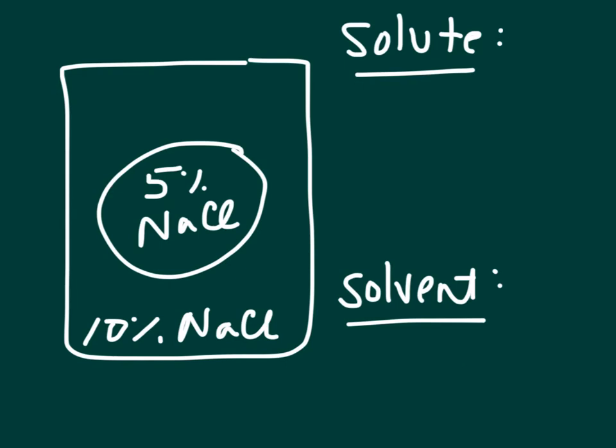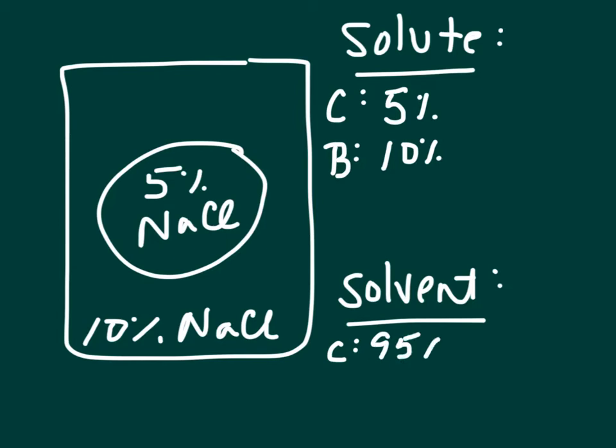In this system, as we look at it, we have the solute concentration of the cell at 5% and of the beaker at 10%. The solvent, so our water here, inside the cell is 95%, and inside the beaker is 90%.